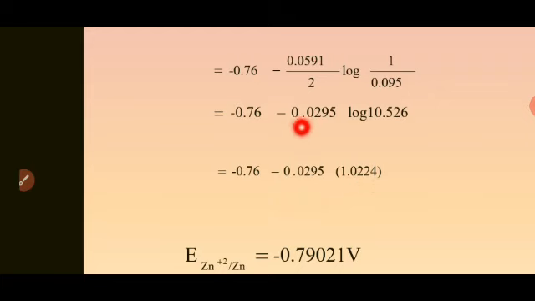So multiplying 0.0295 into 1.0224 and subtracting the value from 0.76, we get the final answer as 0.790 with minus sign. The unit should be written as volt, and here the middle step carries 1 mark and the final answer with proper unit carries 1 mark. So this is how the 3 marks are distributed. Please write it once again and go through it, and if you have any problem, you can call me, I will explain it.